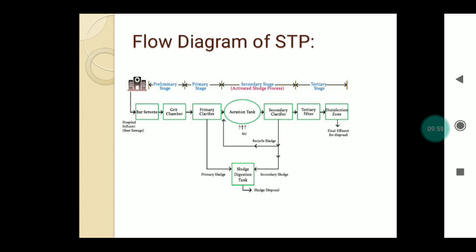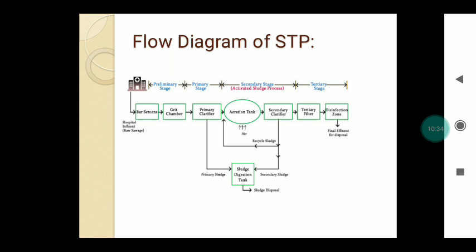From there the sewage is passed through the primary clarifier, which is the primary stage of the STP. Then some sewage is passed to the sludge digestion tank and some sewage is passed to the aeration tank. From the aeration tank, the secondary stage starts, that is called the activated sludge process. In the activated sludge process, due to aeration, bacteria become active and more decomposition of the organic matter takes place in the sewage.